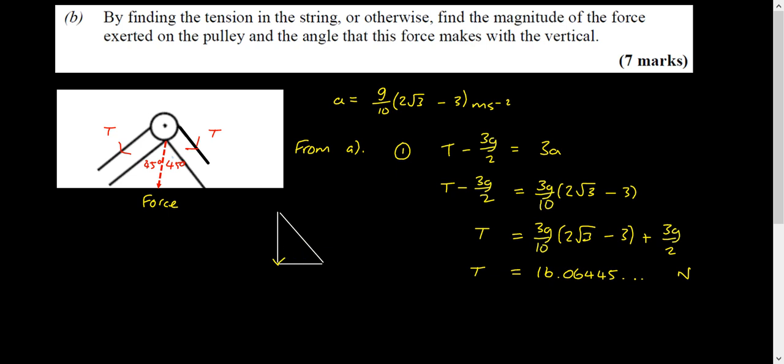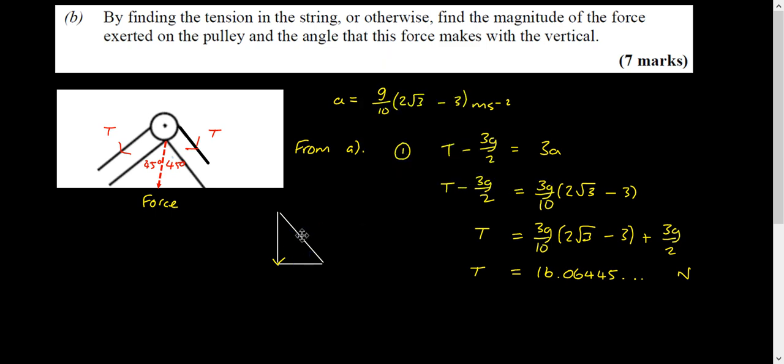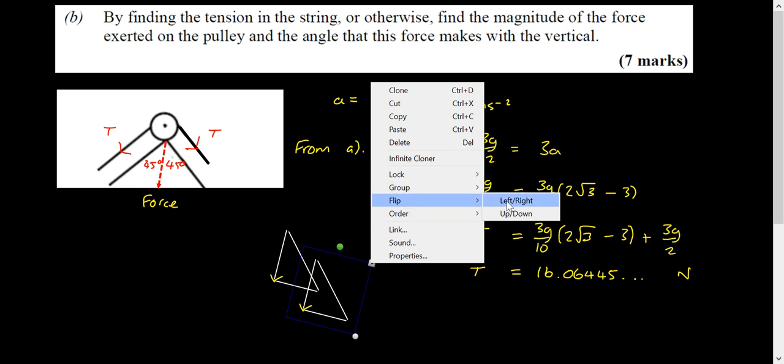Before I go any further, let's put these together, duplicate, flip. We'll tilt it slightly to indicate this 45 degrees isn't vertically down. It's cutting the 90-degree angle in half, so it's not necessarily vertical. So let's do this.